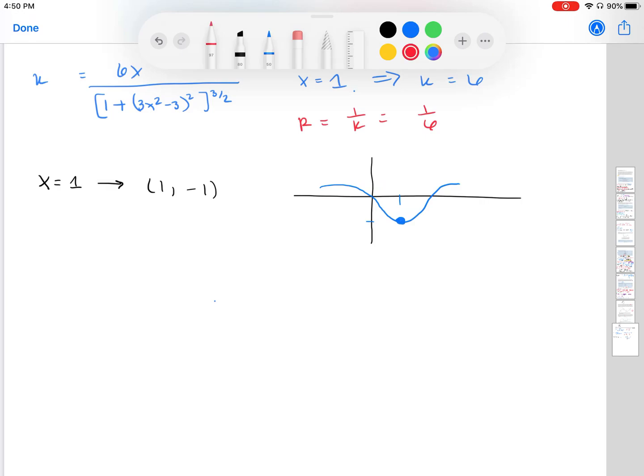And I have a circle happening at that point on my polynomial function. That's not drawn to scale, I'm not too sure how deep it is, but I know my radius is 1/6.